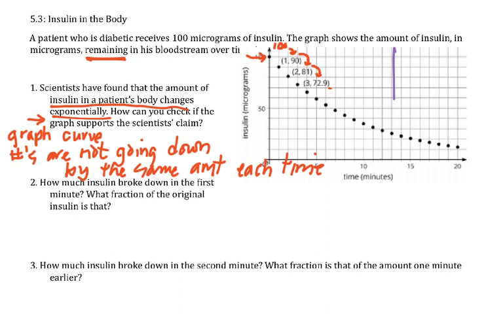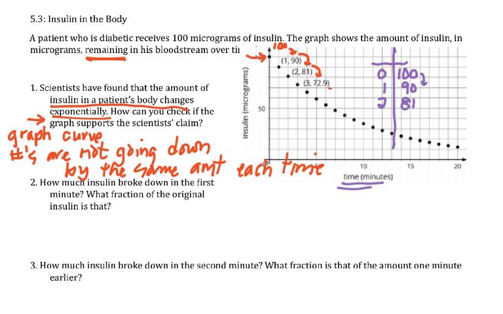And I can verify that, and I really encouraged you, and I actually drew this on the board, let's draw an X and Y table, right? I know that I started out at time 0 at 100, and in 1 minute, remember we're looking at time in minutes, I went to 90. In 2 minutes, I dropped to 81 micrograms.